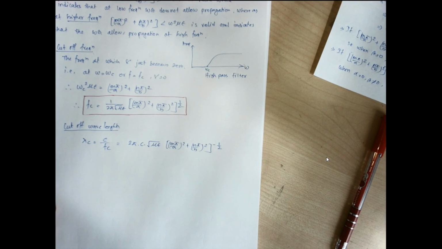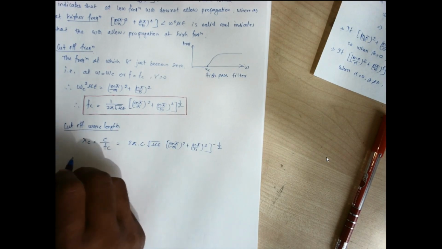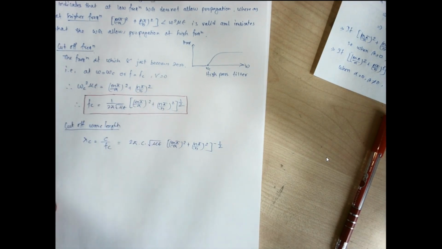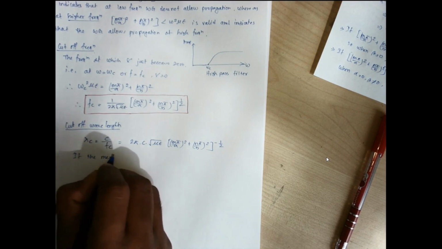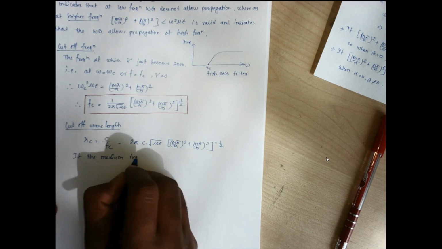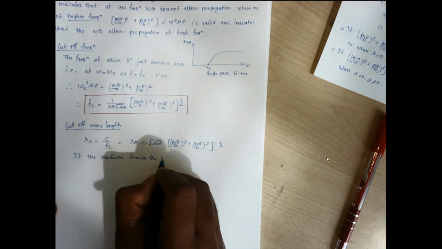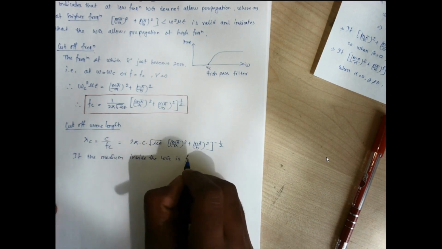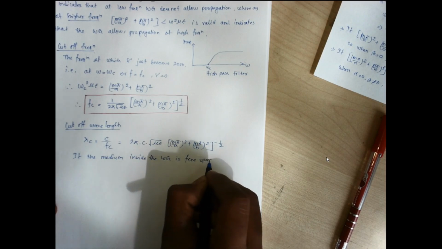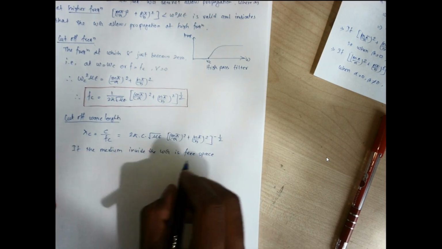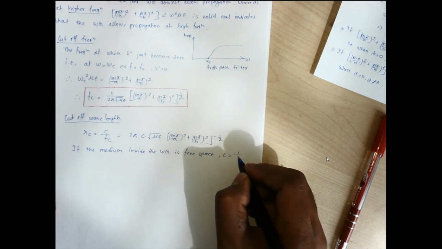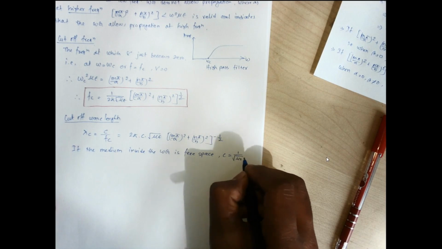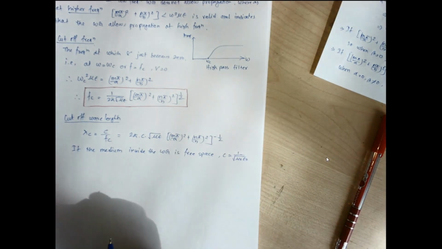So obviously, if the medium inside the waveguide is free space, then we can consider c equals 1 by root over mu naught epsilon naught, right?